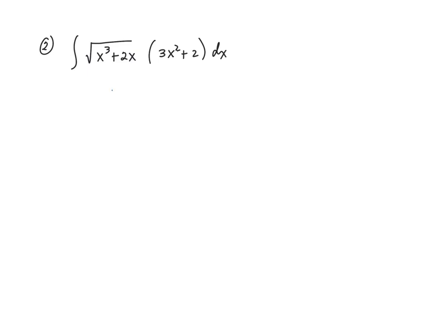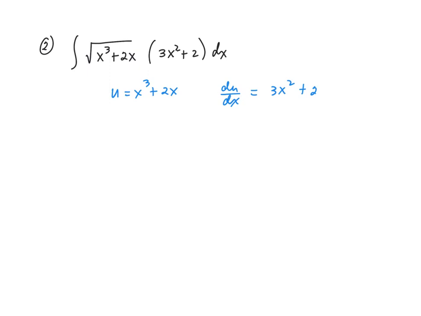So let's go ahead and let u equal x cubed plus 2x. So now du dx is the derivative of u, so it's 3x squared plus 2x. Oh, it's 3x squared plus 2.